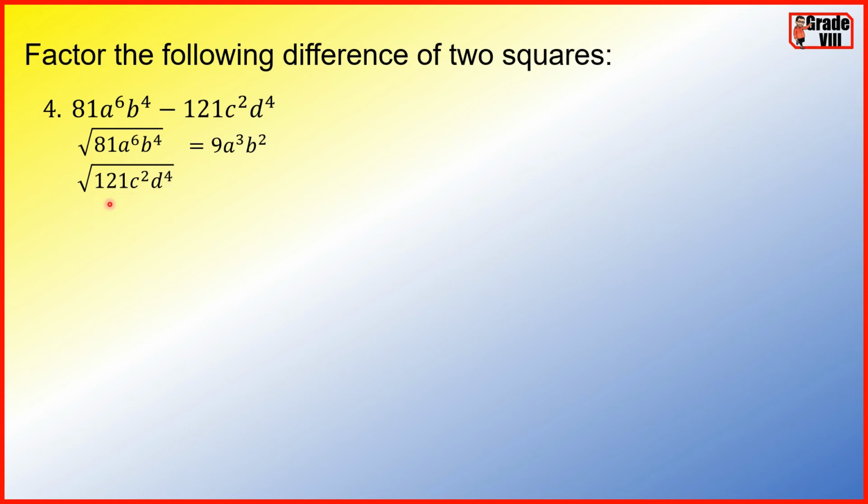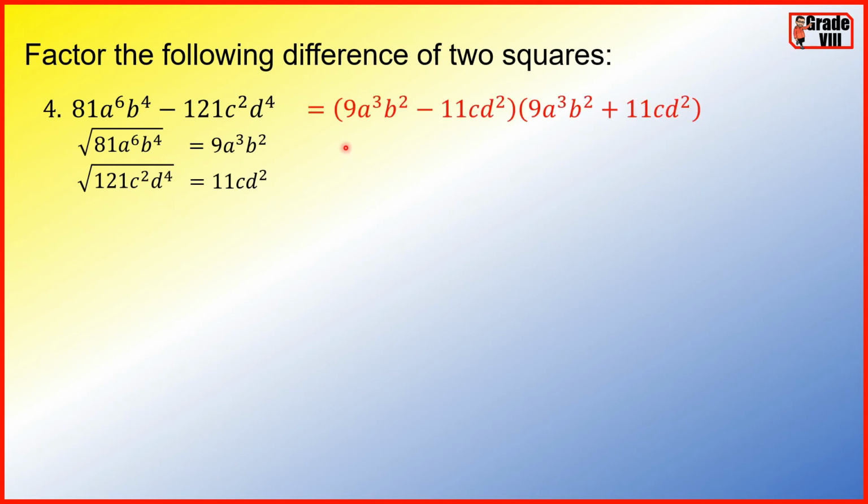Next, square root of 121 is 11. Square root of c squared is c. Square root of d raised to 4 is d squared. So, ang ating sagot ay 9a cubed b squared minus 11c d squared times the quantity of 9a cubed b squared plus 11c d squared.